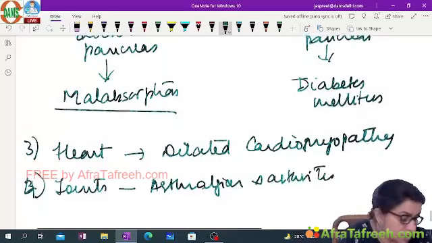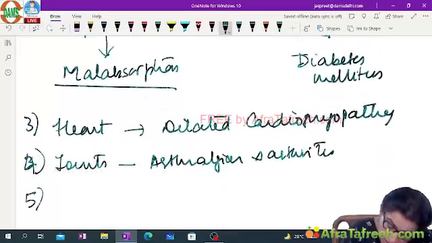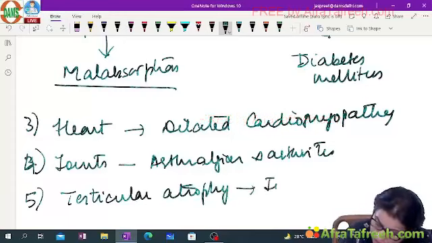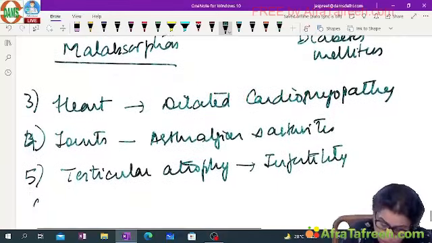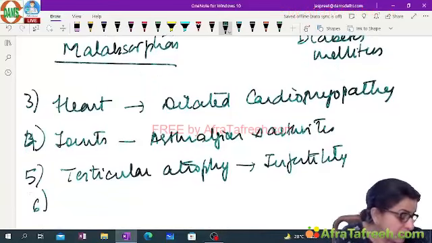It can deposit in the synovium also. Then testicular atrophy. Deposits in the testis produce testicular atrophy, and testicular atrophy can lead to infertility.